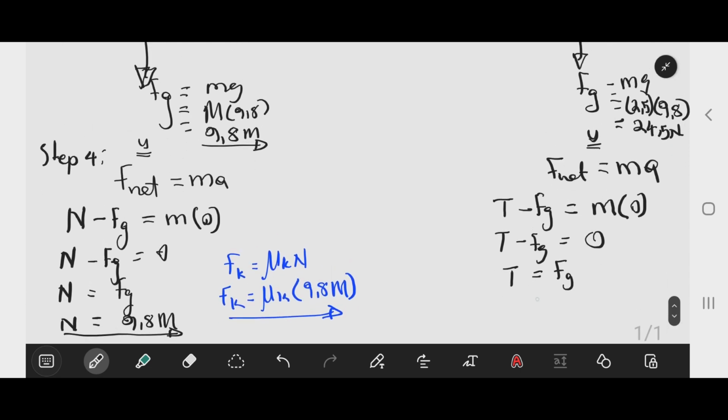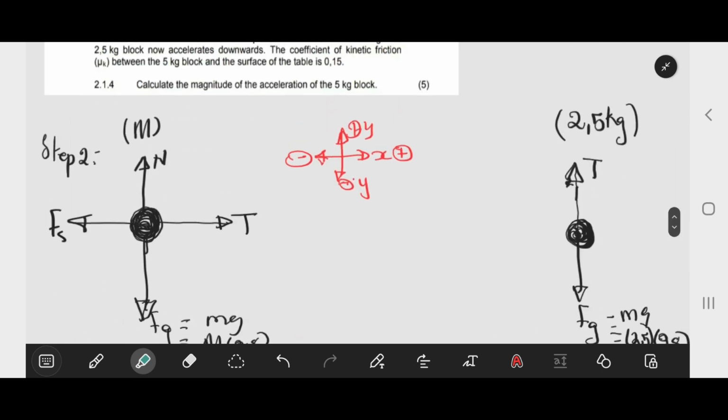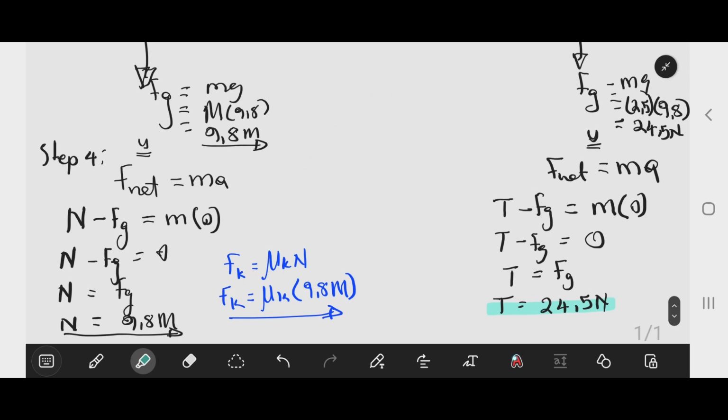So now you have your tension. Your tension is equal to Fg, right? Which is 24.5 newtons. So now there is your tension. You obtain this by performing the Fnet in the y direction for this object. Alright, so we are done with Fnet in the y direction for both objects.